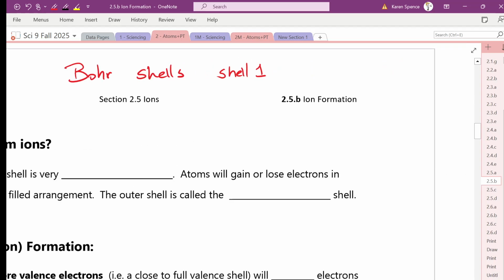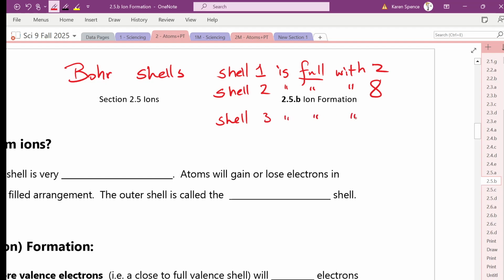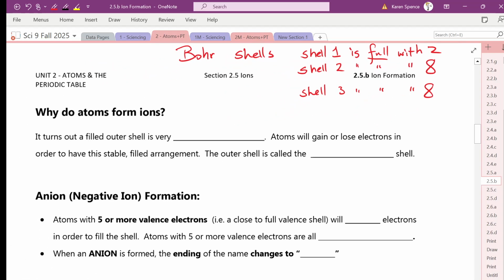Shell 1 is full with 2. How about shell 2? It is full with 8. And shell 3 is full with 8. And then after that, it kind of falls apart, so we're not going to worry about it.